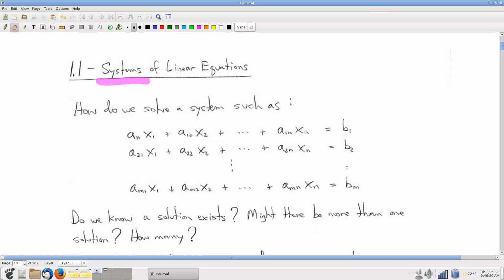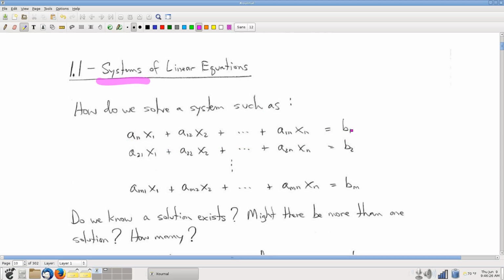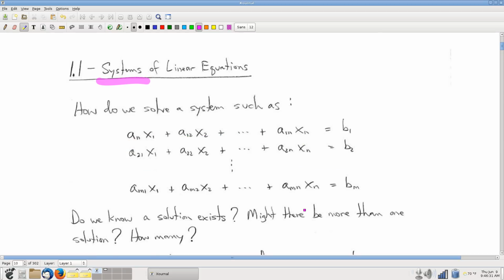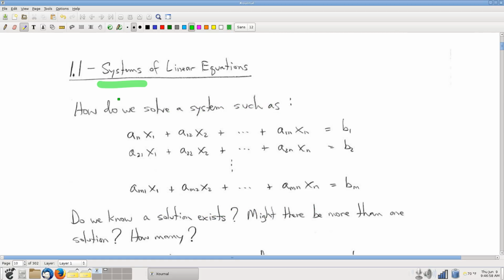I'm not looking for a solution to this equation, comma, a solution to this equation, comma, etc. I'm looking for a solution, namely x1, x2, x3, etc. through xn, which satisfy all of these equations all at once. The same n-tuple, x1, x2, x3, etc. has to satisfy all of the equations. So this is not just separate equations. This is a system of several equations.